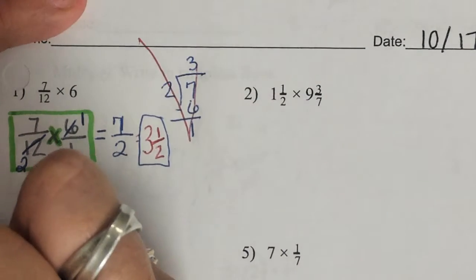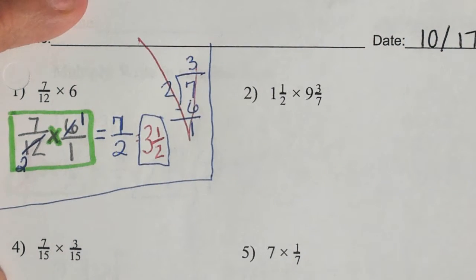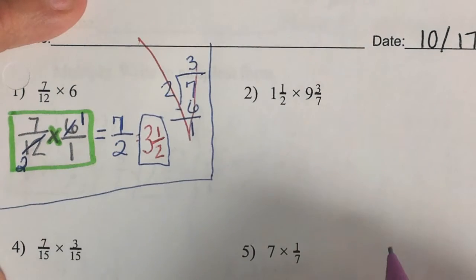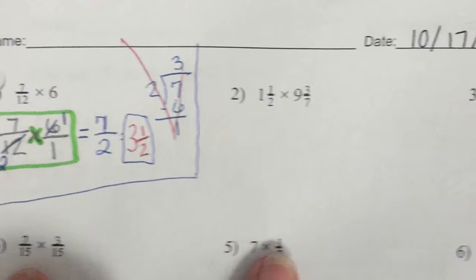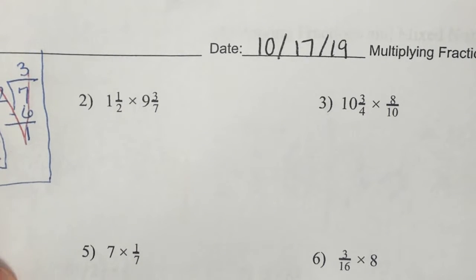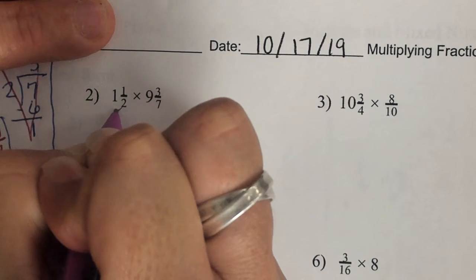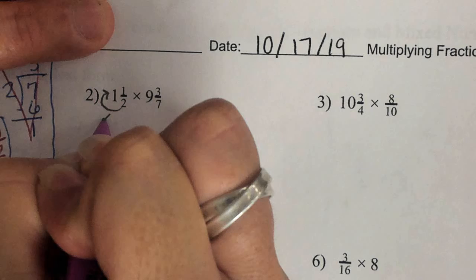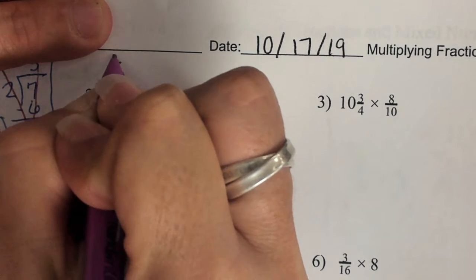Okay, so number 2. Here I go. 3 1/2 times 9 1/7. Number 2 is the stuff we kind of did yesterday, where we have to change the mixed numbers first. So, we start out by multiplying 2 times 1, and then we add in the top one.